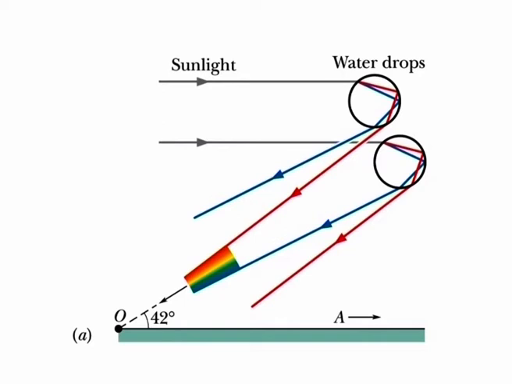If many falling drops are brightly illuminated, you can see the separated colors they produce when the drops are at an angle of 42 degrees from the direction of the anti-solar point A, the point directly opposite the sun in your view.